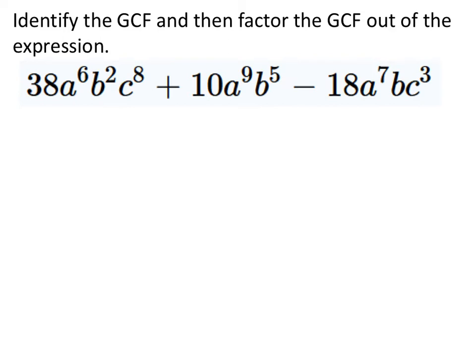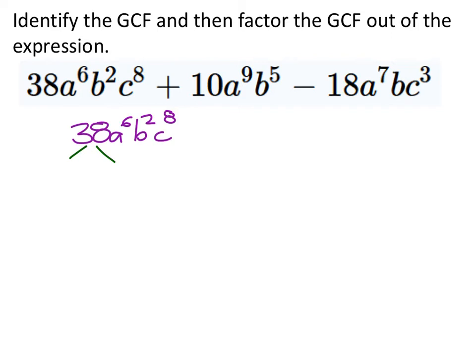We don't really cover a lot of factoring before, but by factoring, this is what I mean, all right? So I got 38, a to the 6th, b squared, c to the 8th, all right? This is what we call a factor tree, which we need to use. Well, we'll be looking at factor pairs later on, not necessarily the tree.